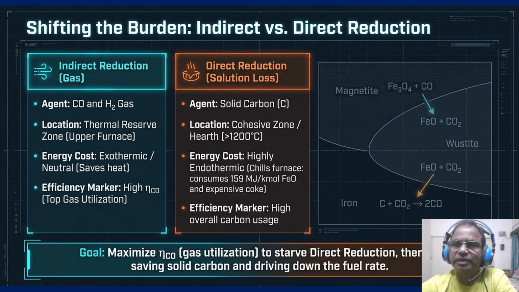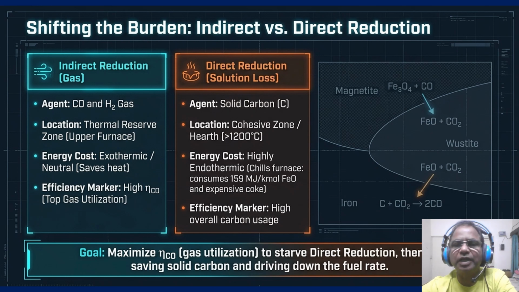On the left in blue we have indirect reduction using CO gas in the upper furnace. It's exothermic. On the right in orange is the solution loss, or direct reduction. This is highly endothermic, consuming a staggering 159 megajoules per kilomole of FeO.